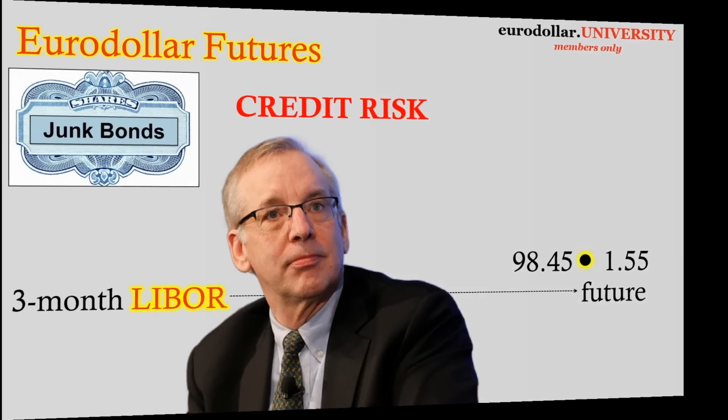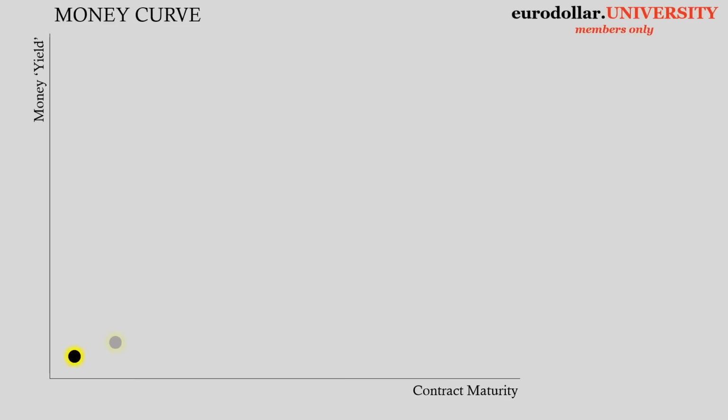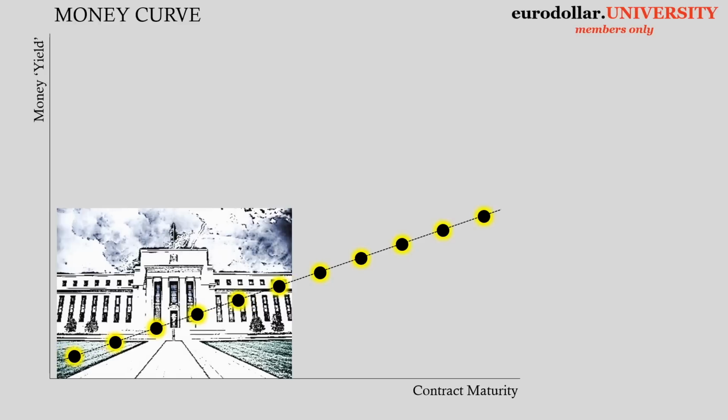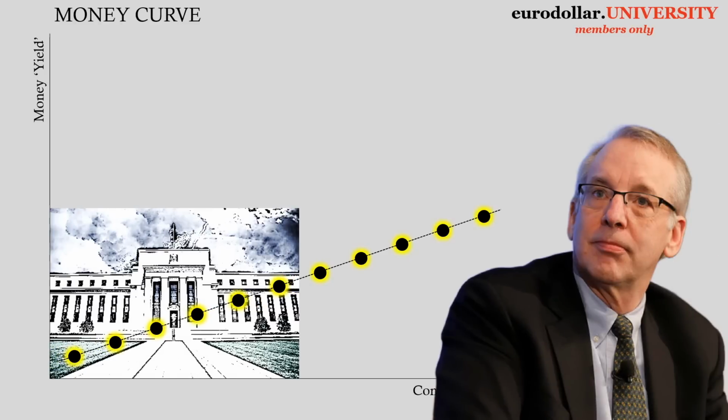The question is why authorities would be so quick to dismiss market hedging using this money curve. And the answer starts with the assumptions about the Federal Reserve itself. Since these are money curves tied to short-term money rates like 3-month LIBOR or SOFR, central bankers start out by assuming those rates will only ever follow the future path they themselves set out.